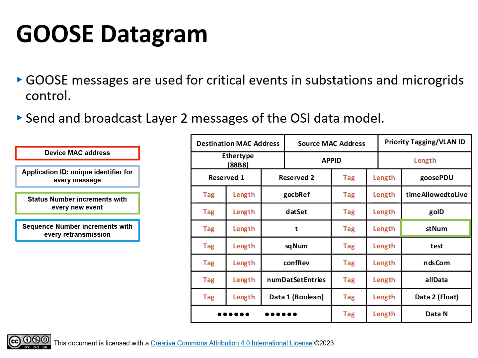The Goose datagram starts with the destination's Media Access Control MAC address, which is a multicast address reserved for IEC 61850 applications. It starts with 01:0C:CD, followed by 3 octets to form a 6-octet source MAC address.